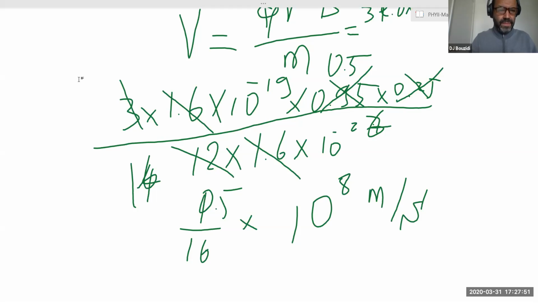Mass of proton. I think it's actually 1.67 times 10 to the negative 27. I had to correct it.